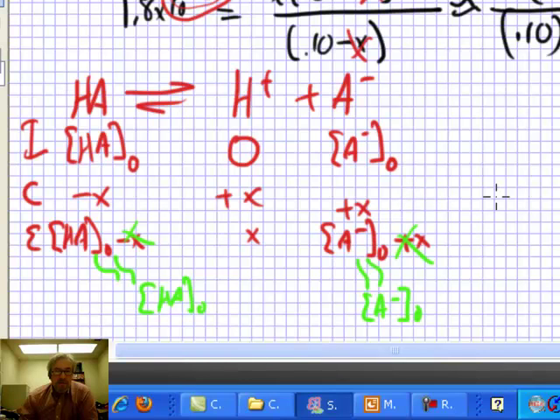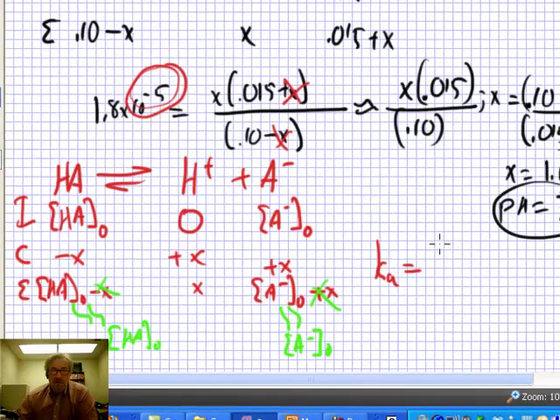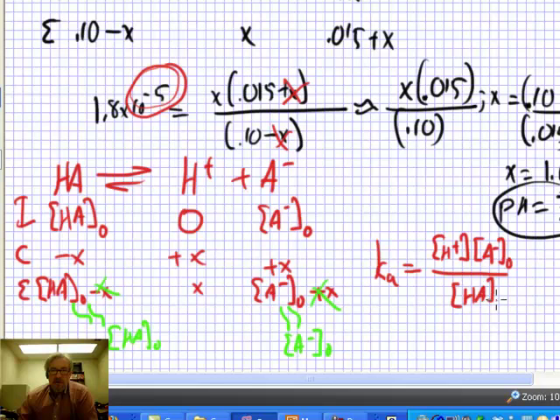So we can develop this generic idea here. Ka is equal to concentration of H plus, that's going to be X, times concentration of A minus initial, divided by concentration of HA initial. That's a version of what's called the Henderson-Hasselbalch equation.